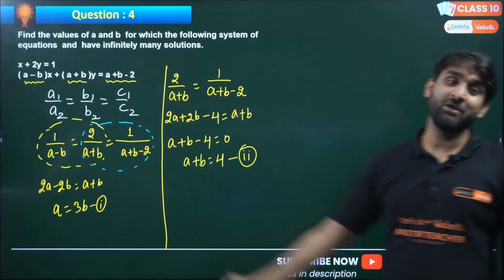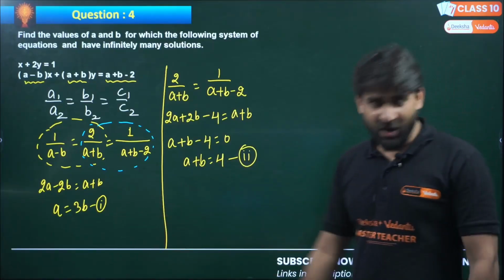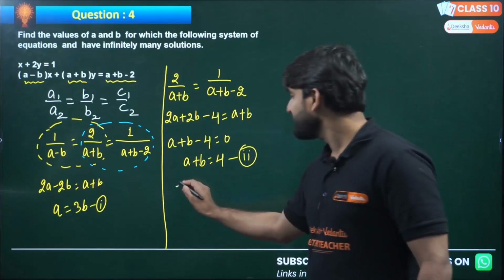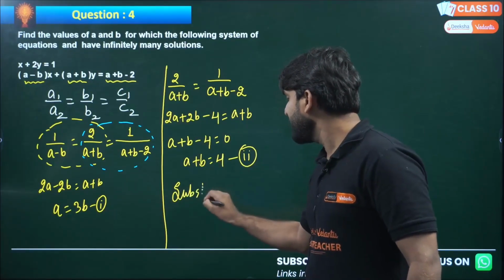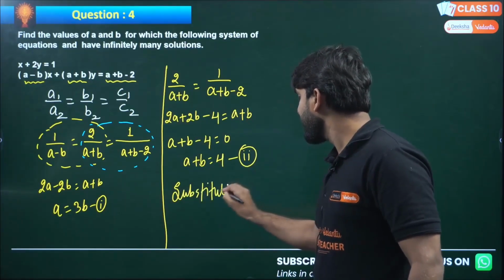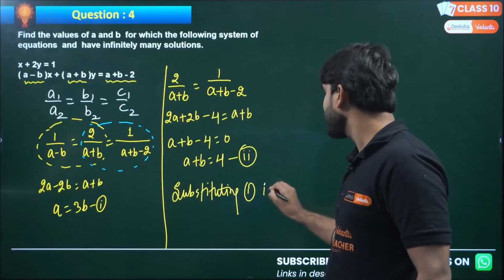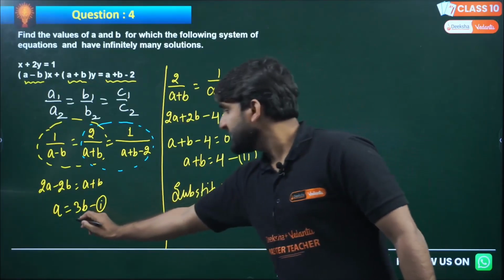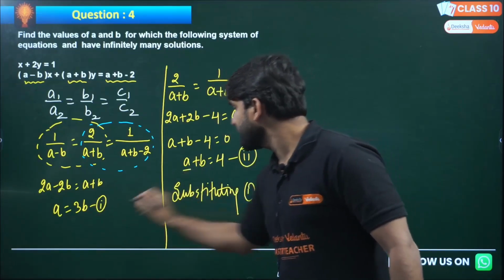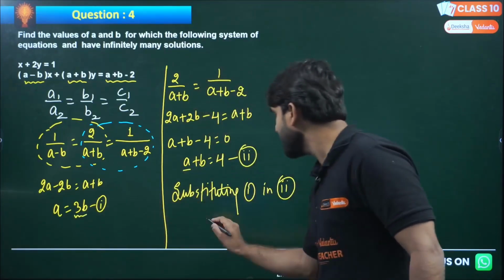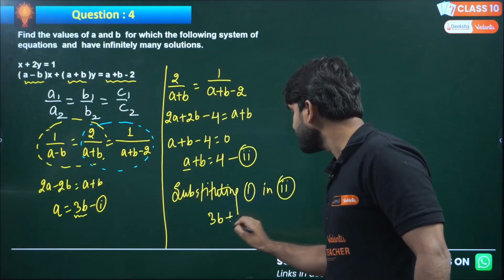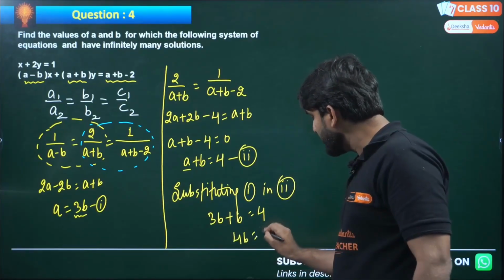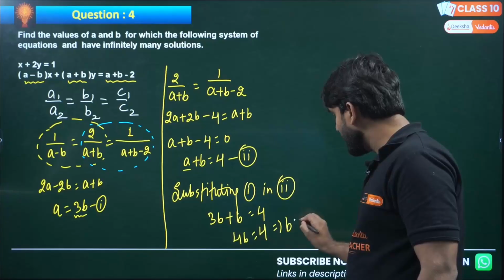Wow, we have equation 1, we have equation 2. Can't we apply the substitution method? Yes, we can apply the substitution method. So substituting 1 in 2, at the place of a, this 3b will come because a is equal to 3b, so 3b plus b is equal to 4. 3b plus 1b will be 4b is equal to 4, so b is equal to 1.